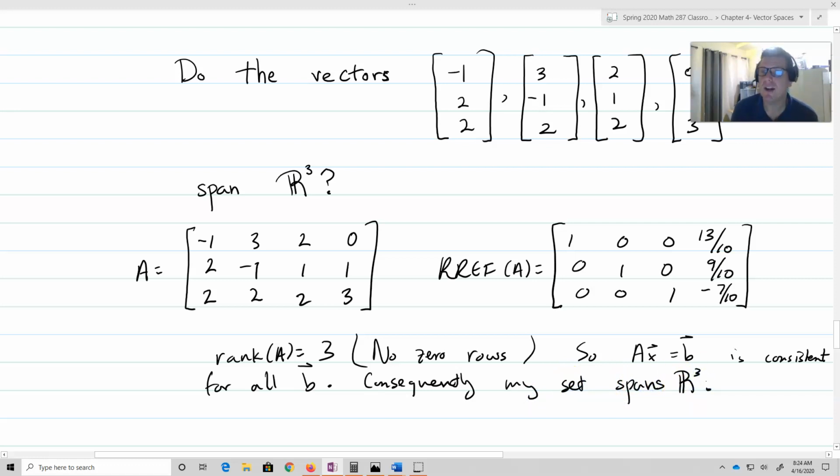Excellent. There it is. We don't actually need to know what every single linear combination is. We just need to be able to answer the question whether or not we will find one for every single set. And the way that we do that is we construct a matrix A, a coefficient matrix, and we see whether or not we're going to be able to generate consistent systems from that coefficient matrix.